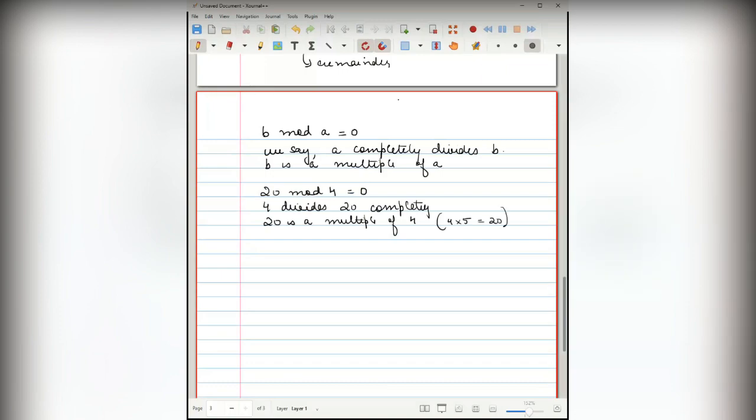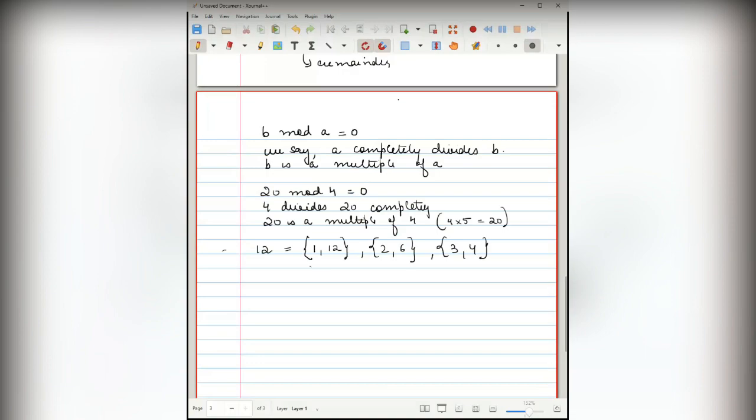Okay. So now if you want to find the factors, what are factors? Let's say you want to find the factors of 12. The factors will always be in pairs. So 1 into 12 is 12. 2 into 6 or 6 into 2 is also 12. And 3 into 4 or 4 into 3 is also 12.